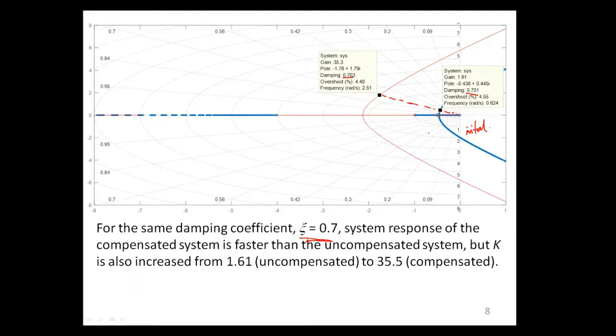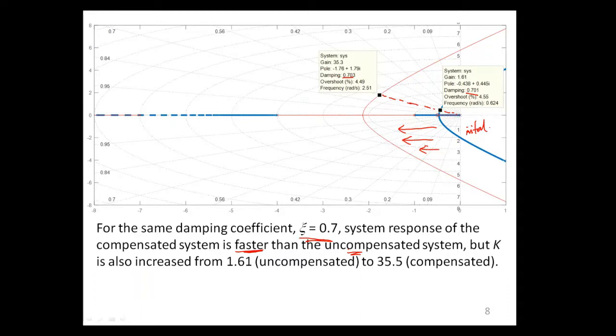After adding in the compensator, the whole root locus is pushed leftwards, and this means that the compensated system is faster. The transient response of this system is faster as compared to the uncompensated system, which is situated at the right side of it.